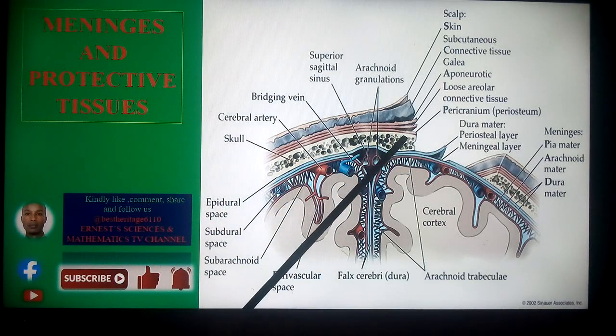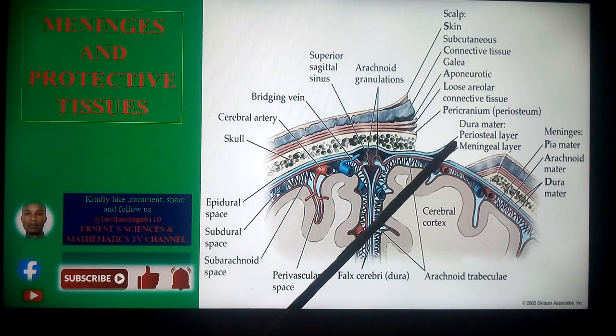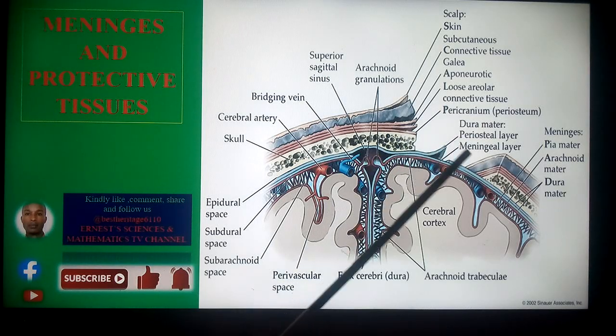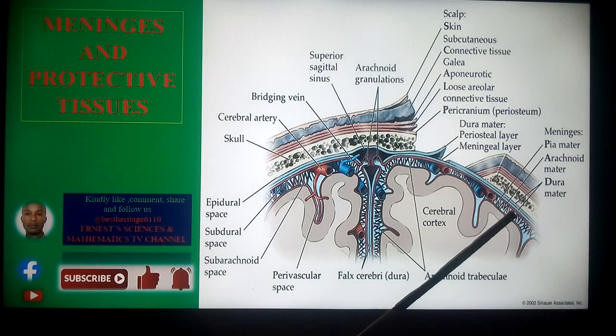This section is tough in that it helps protect the interior parts. From there, we have the meninges, the various layers: the pia mater, which is the innermost, then the arachnoid mater, and then the dura mater, arranged in that order.